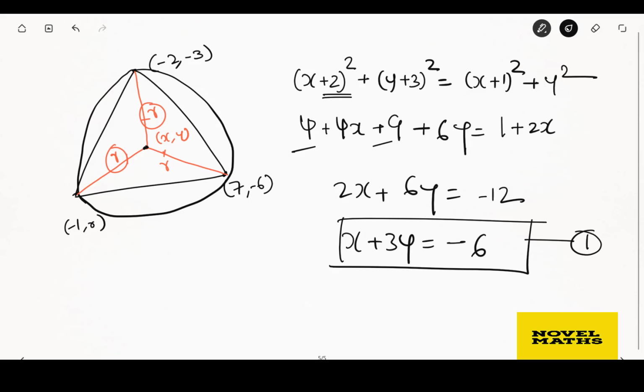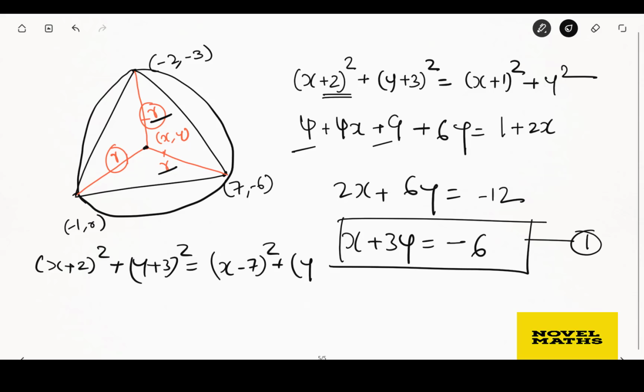So let's do that also. We can pick another pair of points, this one and this one. So (x plus 2) square plus (y plus 3) square is (x minus 7) square plus (y plus 6) square.